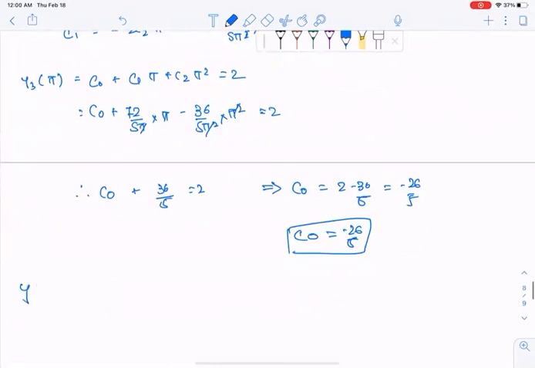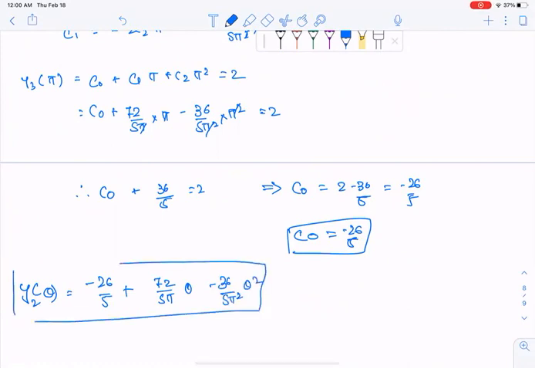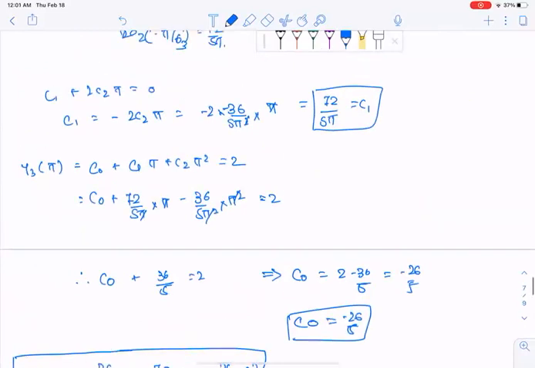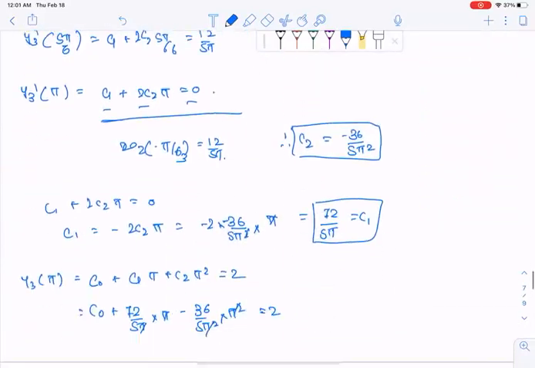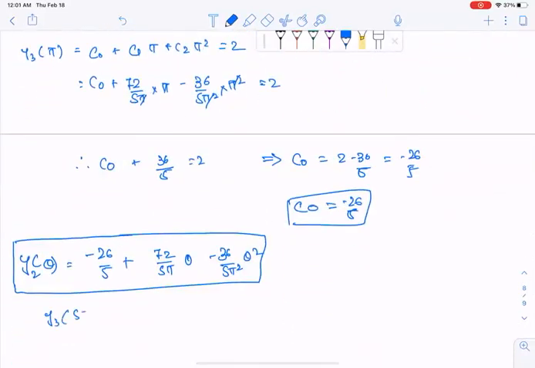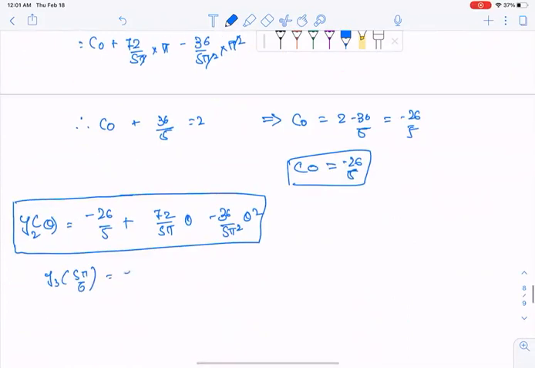So the expression for y3 will look like this. We missed one boundary condition. Now we can verify that too, and that is y3 of 5 pi by 6 is equal to y2 of 5 pi by 6.